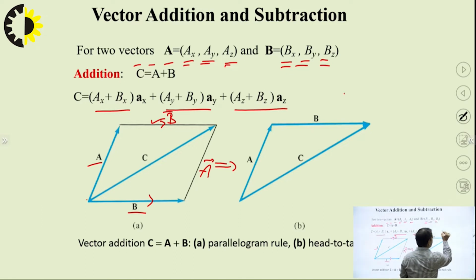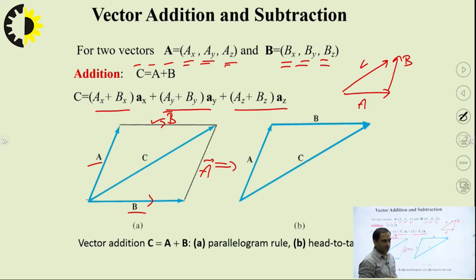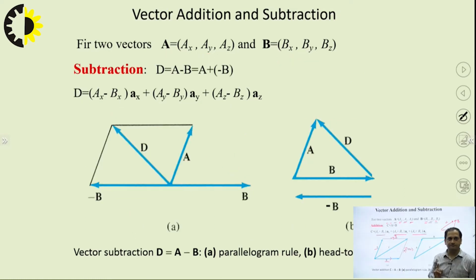In short, you can write vector a, then you can write the vector b, and what is the addition of vector a plus b? This is the vector c, right. So you have to keep in mind how we can represent the two vectors when we want to add the two vectors in the mathematical form or the graphical form.